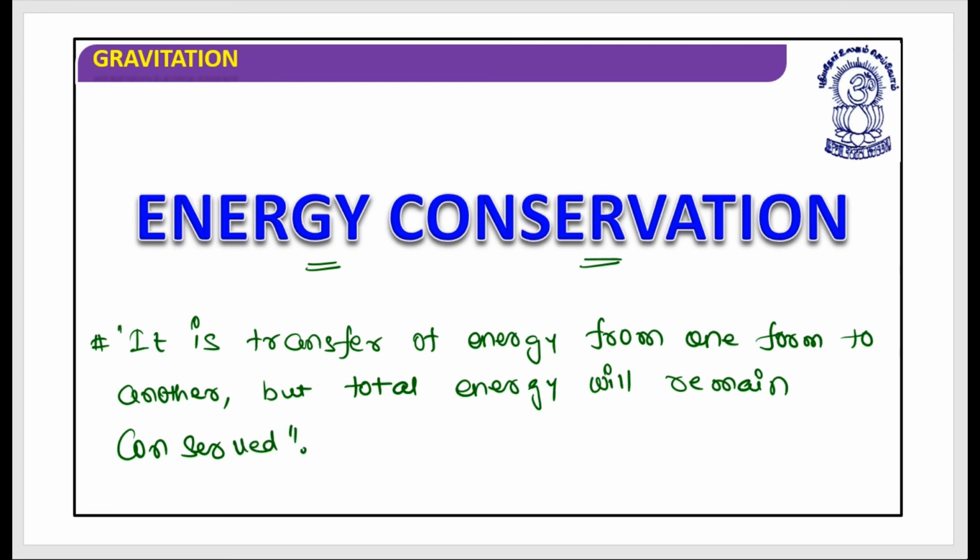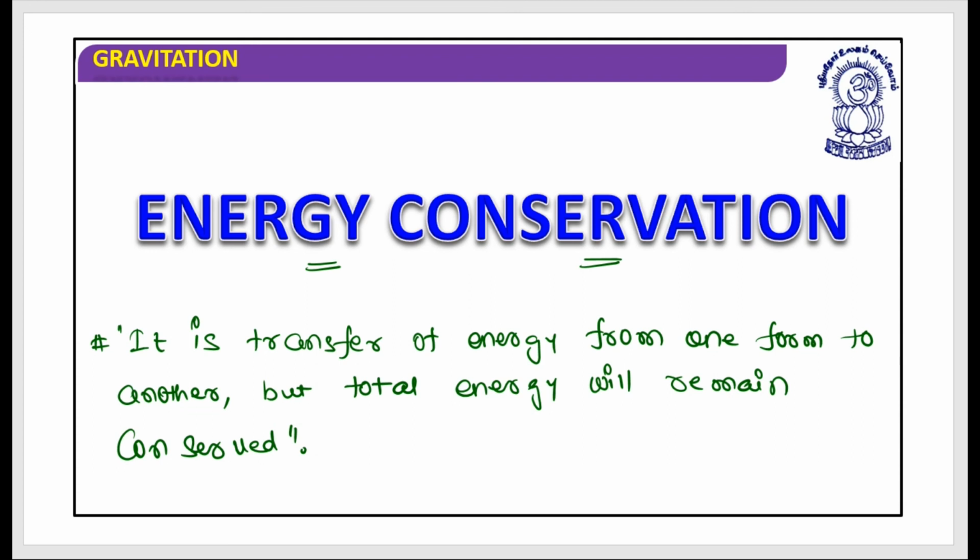Yes, this is not the statement, but this is the idea behind energy conservation. When we say that energy would be conserved, we always understand that we are going to transfer energy from one form to another. But total energy, when I say total energy, let's talk about the system. The total energy of the system will always remain conserved.